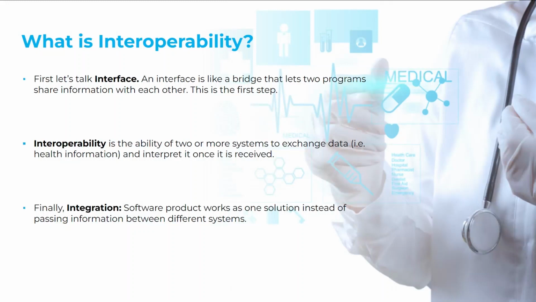If you Google interface, they say it's like a bridge that lets two programs share information with each other. I feel like that's accurate. And what I would also say is the data isn't synced in real time, but you can map the data from one system to another. So when you receive the data, you can say, all right, this goes into this place and this is where you display it. And it's work each time the data flows in.